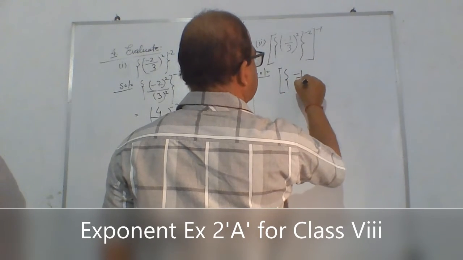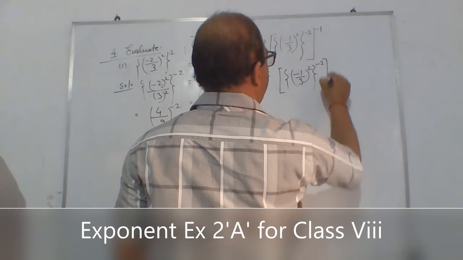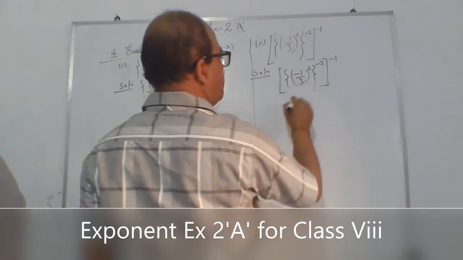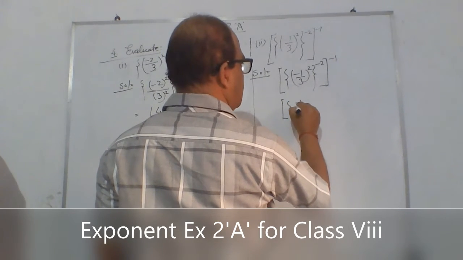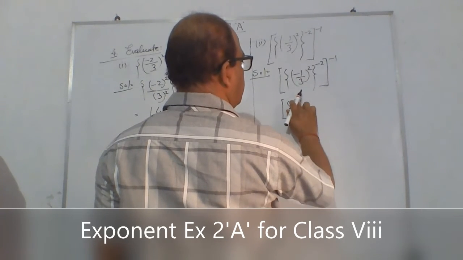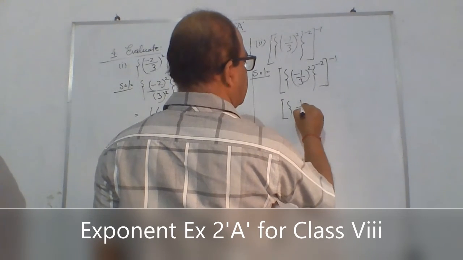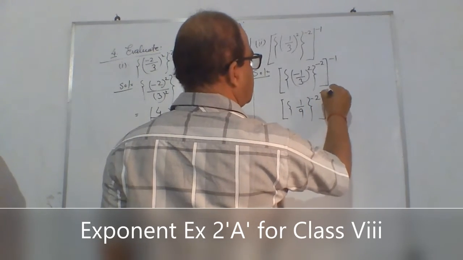Minus 1 by 3 to the power 2, minus 2, then minus 1. We have this one as the question. When we simplify it, minus 1 becomes plus 1 and 3 3s are 9. Then minus 2 and once again minus.